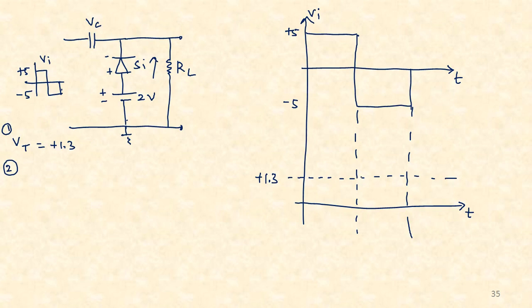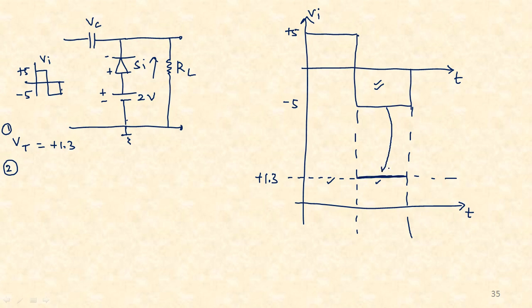So I will have to draw the waveform above the transition level, but where should I start? Should I start with the positive half or the negative half? Here I will have to start with the negative half, because during the negative cycle of the input signal the diode is on. So I will always have to start with that phase. This is how the waveform appears, right?